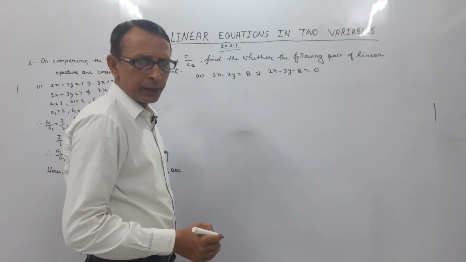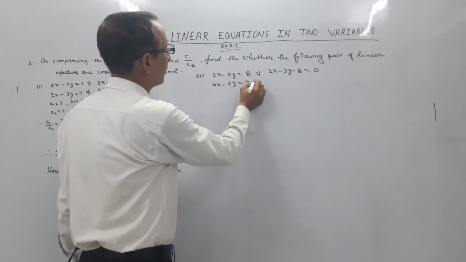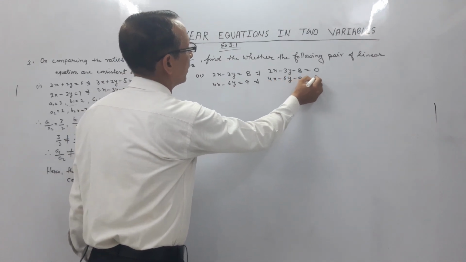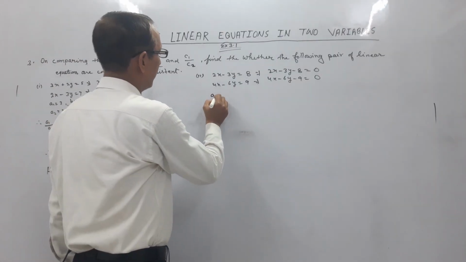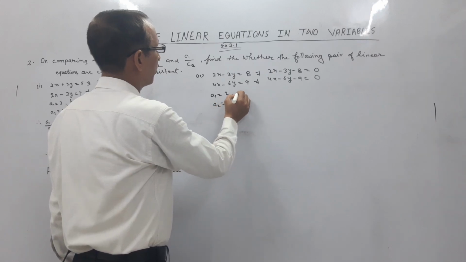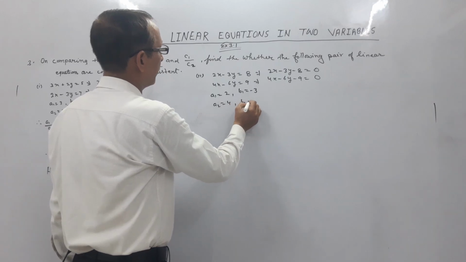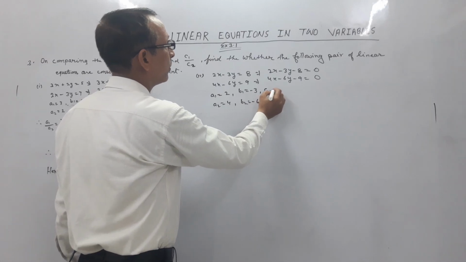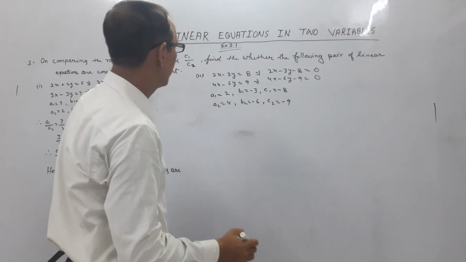And second is 4x minus 6y equal to 9, so 4x minus 6y minus 9 equal to 0. Okay. So therefore A1 equal to 2, A2 equal to 4, B1 equal to minus 3, B2 equal to minus 6, C1 equal to minus 8 and C2 equal to minus 9.